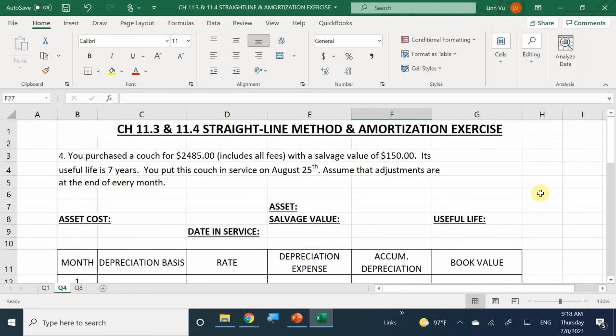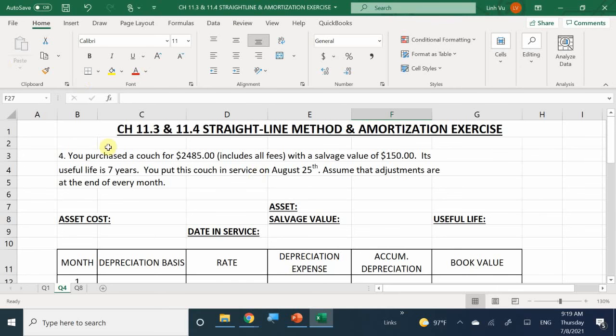Its estimated useful life is 7 years, because it's furniture. And you put this couch into service as of August 25th. Assume that the adjustments are made at the end of every month. It's a little complicated now, so let's take a look at this.